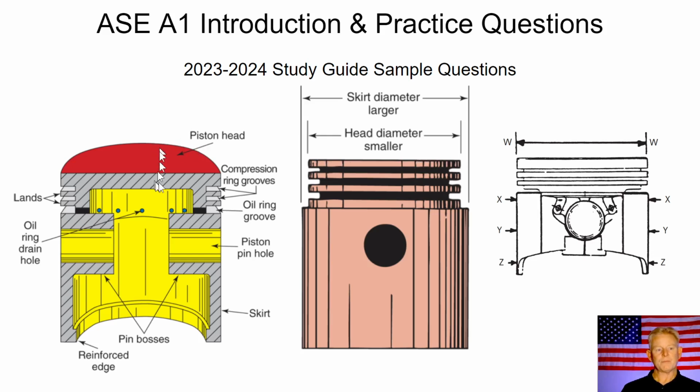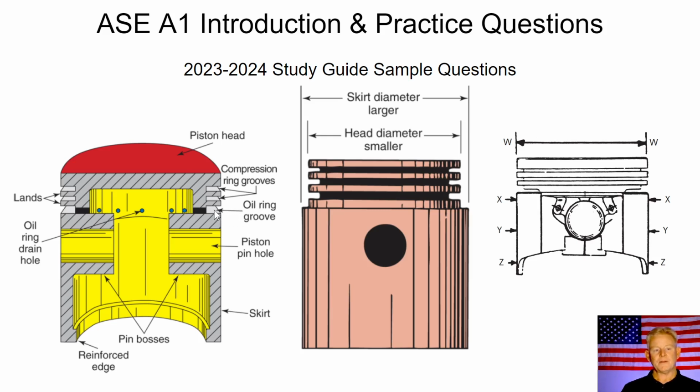Over here, the reason I brought in this additional illustration is so you can see I'm not making up terms. This textbook actually calls it the piston head. And then where the rings are at, those grooves around the piston that the rings set in, those are called the lands, okay? And then the bottom one would be the oil ring groove.